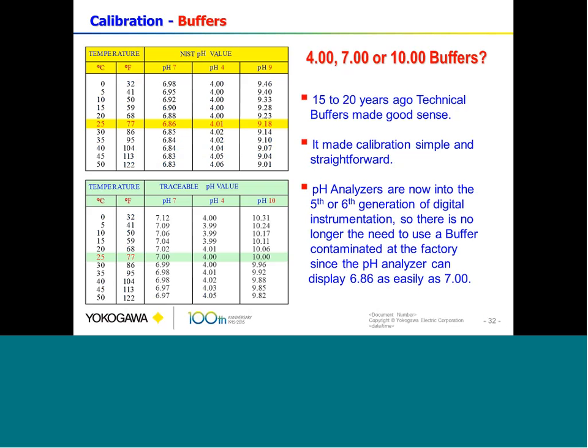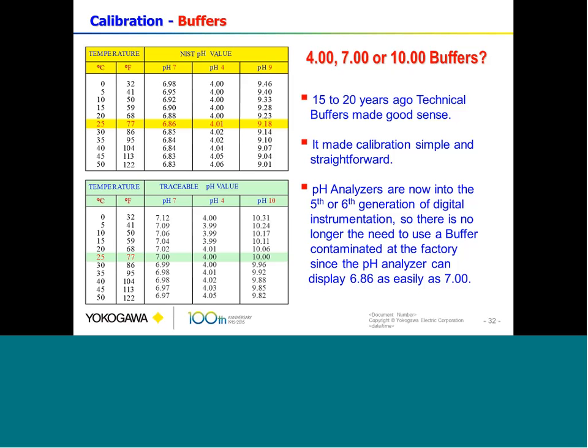And here's why there's a difference. Remember back when we didn't have digital? Probably some of you don't, but some of us do. We had analog meters, and so to calibrate a pH loop to a 6.86 or a 9.18 would be nearly impossible.